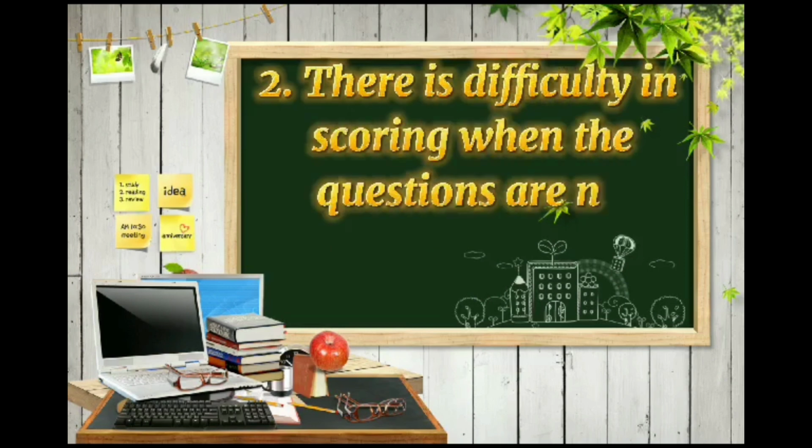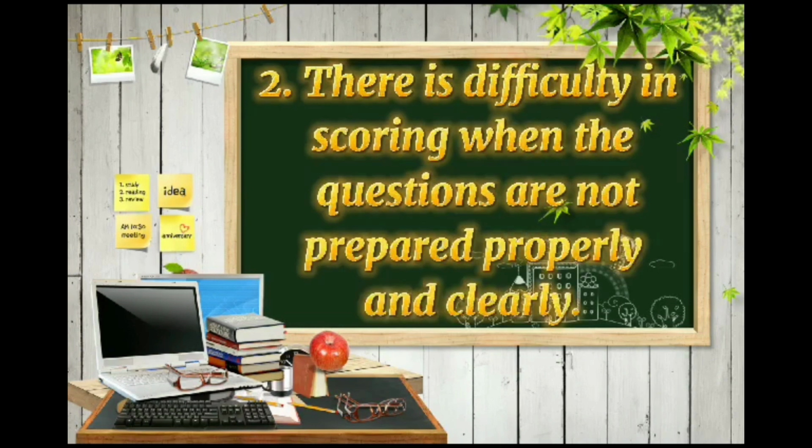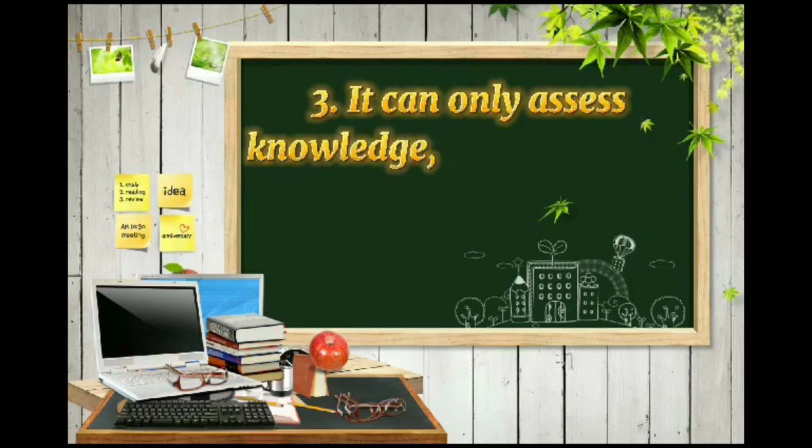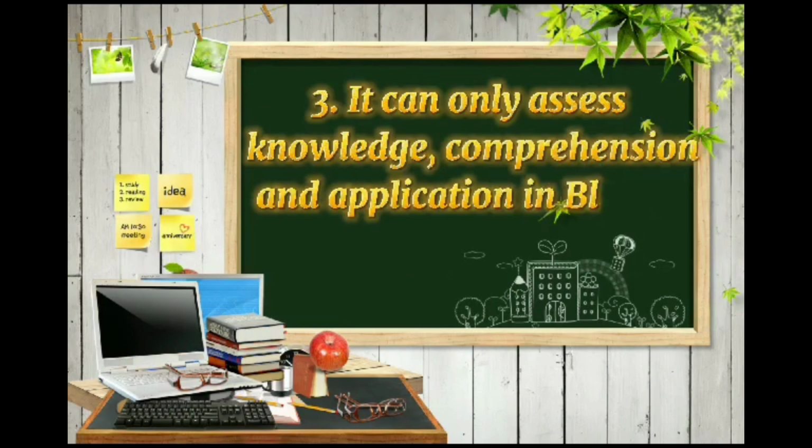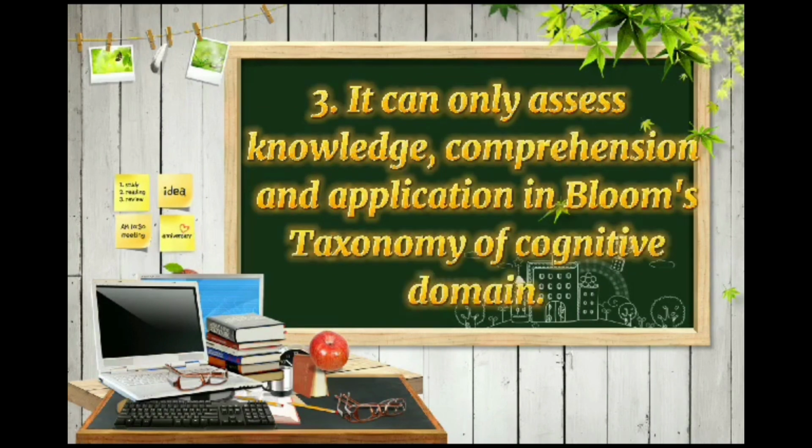Second is that there is difficulty in scoring when the questions are not prepared properly and clearly. The question should be clearly stated so that the answer of the student is clear. The third disadvantage is that it can only assess knowledge, comprehension, and application in Bloom's taxonomy of cognitive domain.